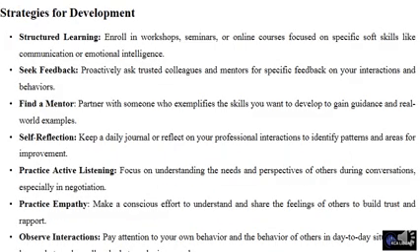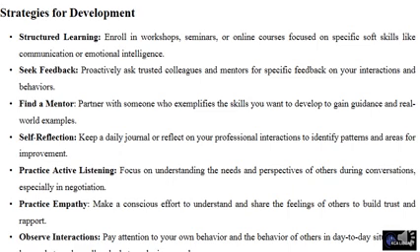Strategies for development: we have structured learning, seek feedback, find a mentor, self-reflection, practice active listening, practice empathy, then observe interaction. Let's start from number one.